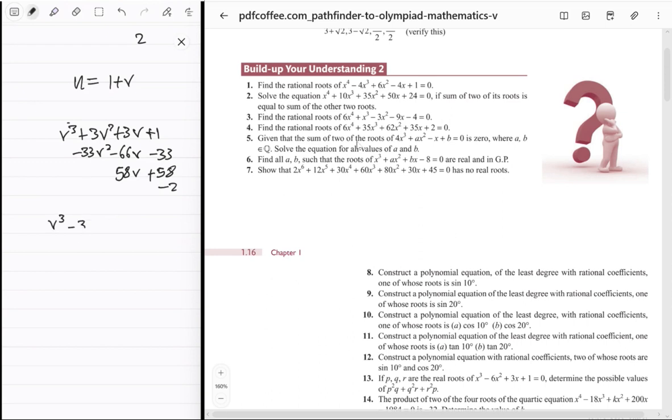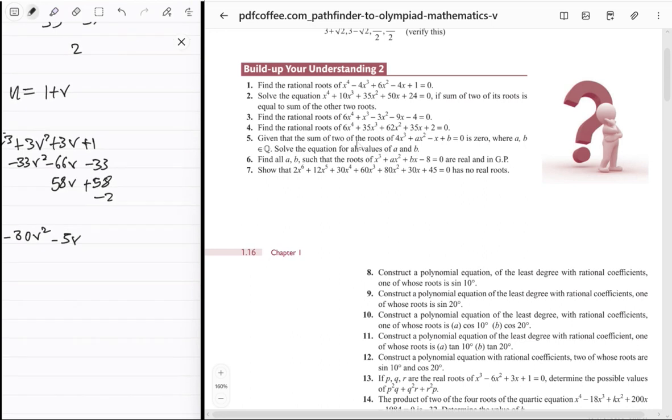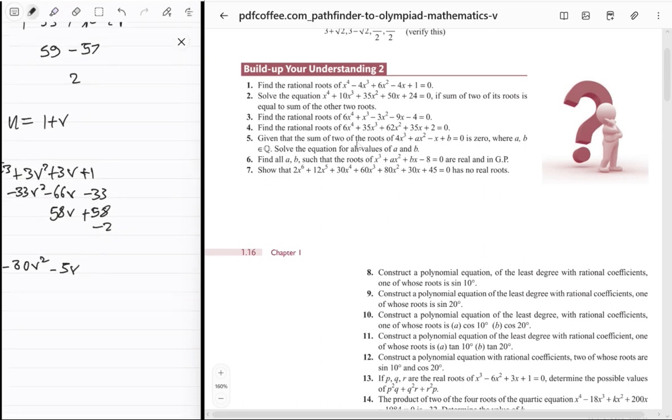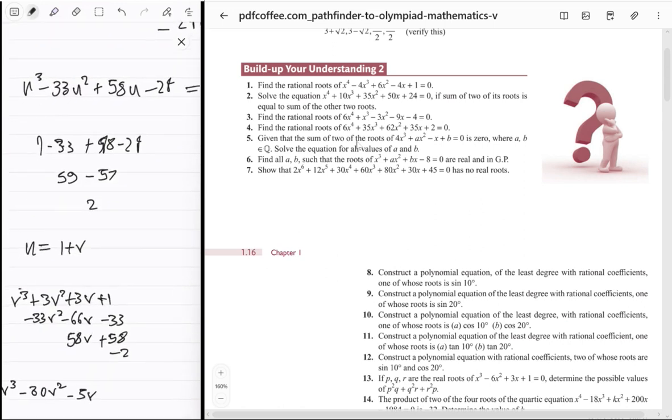And now you got minus 30v squared, and what's this going to be? So you got 61, so it's got like minus 5v. Okay, and that cancels, I guess. Minus negative 1 is 34. Well, that didn't work out the way I thought it would. Did I mess up somewhere?